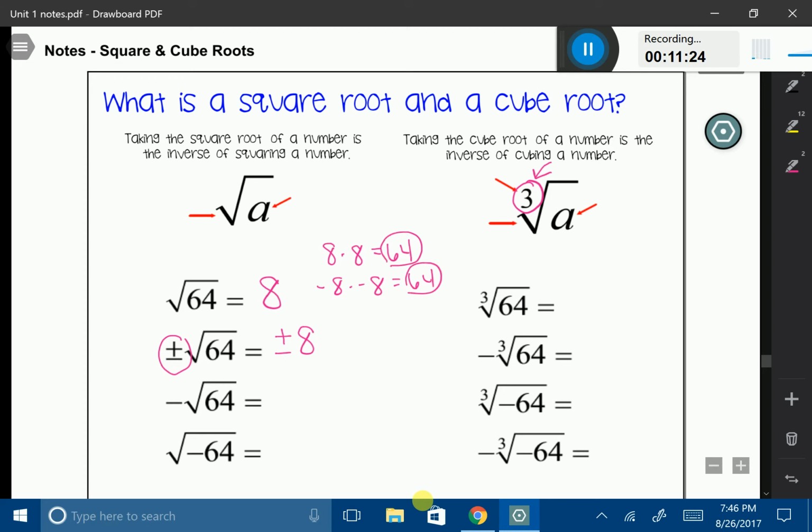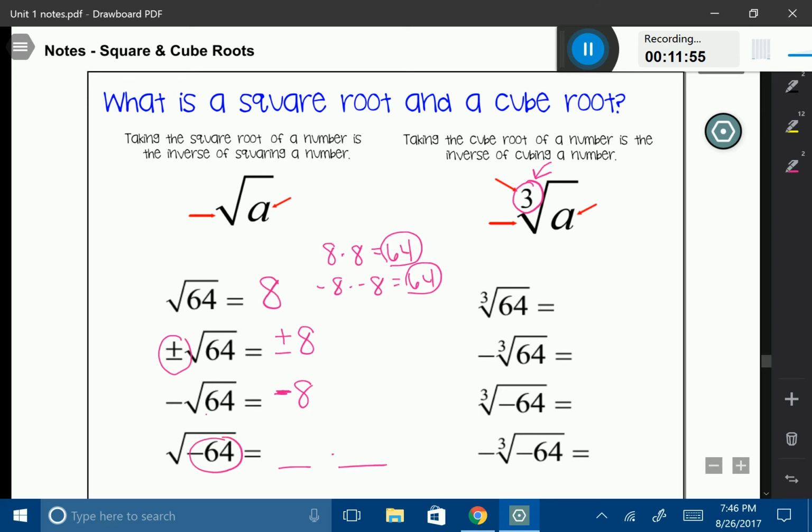Okay, moving on. The next one, notice that I have a minus 64. That just means that I want the negative of the root underneath. And then the last one, the square root of negative 64. Well, feel free to try this in your calculator, but I'm just going to tell you right now, this is not possible because I can't have two numbers that are exactly the same and multiplying them together to give me negative 64.